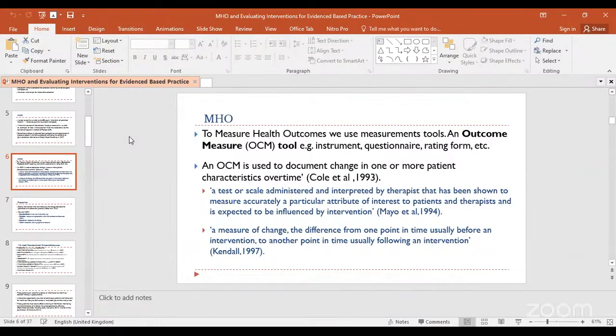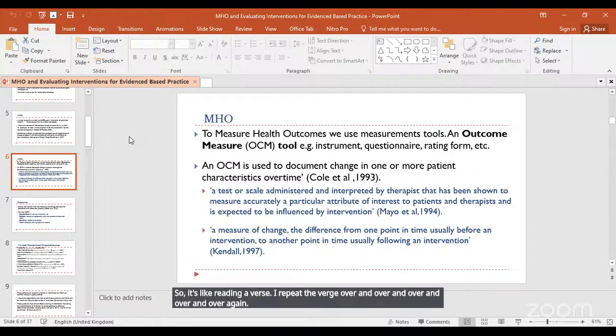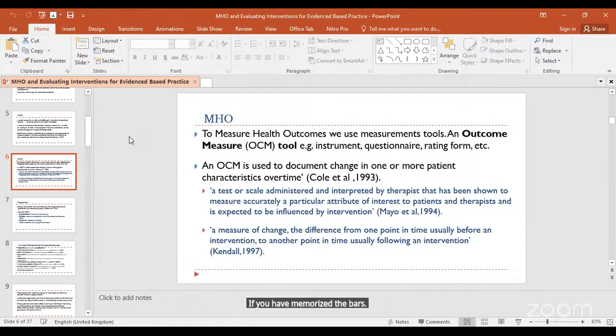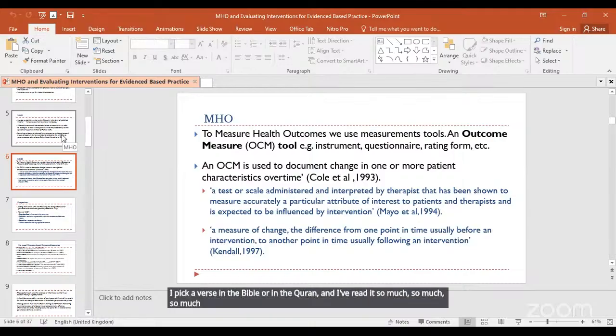So it's like reading a verse and you repeat the verse over and over again. Yes, you have memorized the verse without actually reflecting on whether you have a new perspective of that verse. What do I mean? I'm using an outcome measure, so let me relate it back to a social system. I pick a verse in the Bible or in the Quran, and I've read it so much that, yes, I know it offhand, right? Okay.